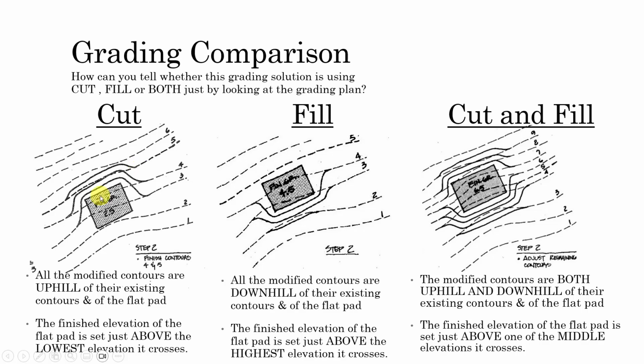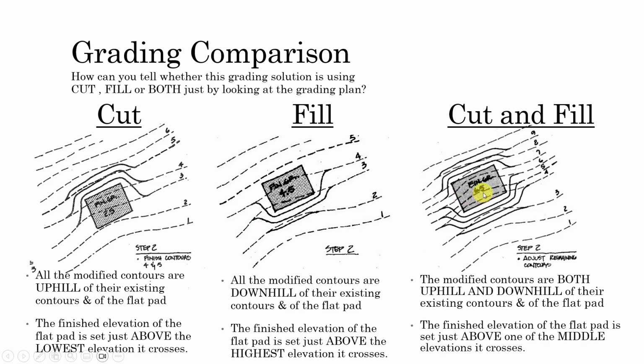You can also easily note that they are uphill of the flat pad. In your fill solution, notice that all of the modified contours are downhill from their existing location. That indicates that we're adding soil down the hill, and it's a fill solution.